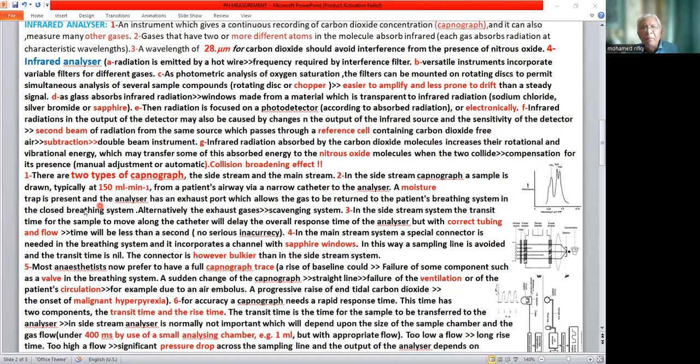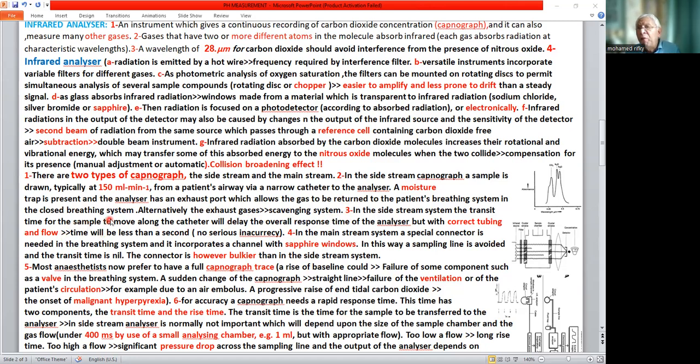Of course, a moisture trap is present there to remove the water vapor, and the exhaust port returns the gas back to the circuit whenever we are using a closed circuit, or transfers it to the scavenging system whenever we are using a semi-closed or open system.